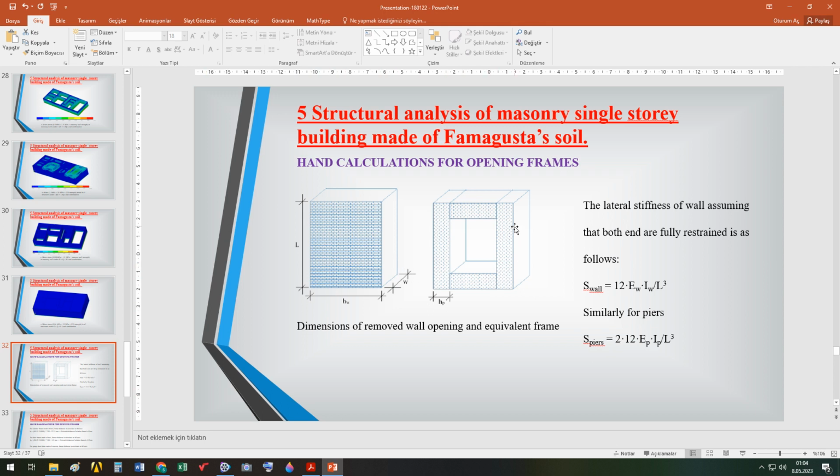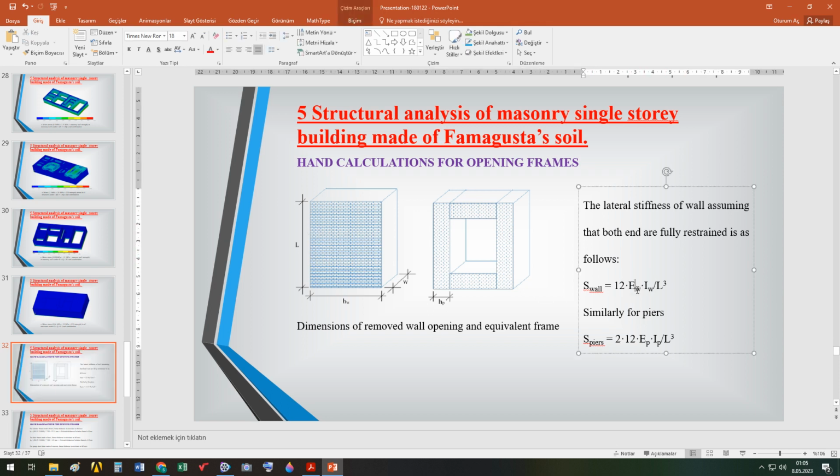For doors and windows, they might be produced by means of an indeterminate frame structure made of steel or made of concrete. And the lateral stiffness of the opening can be assumed as so.